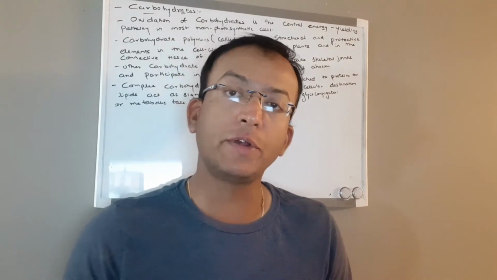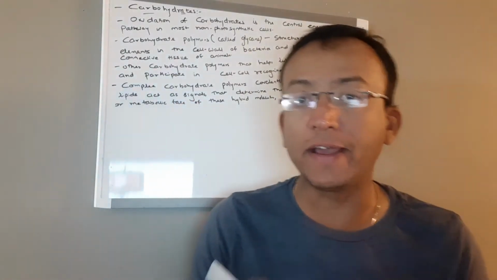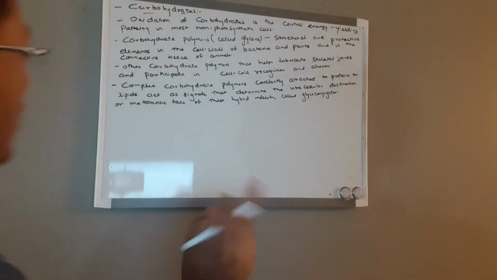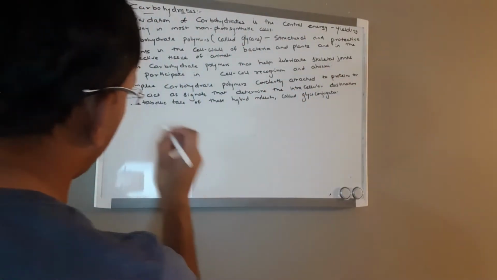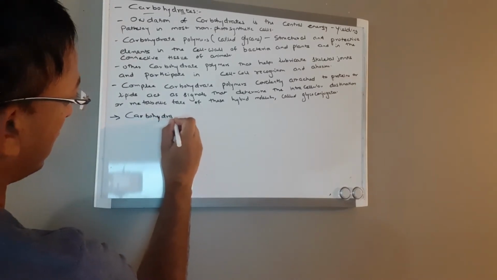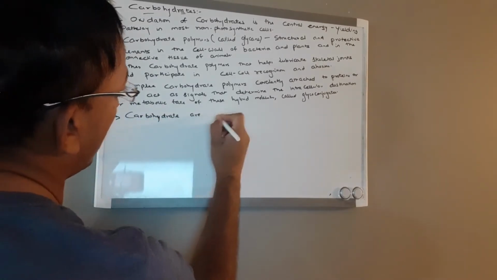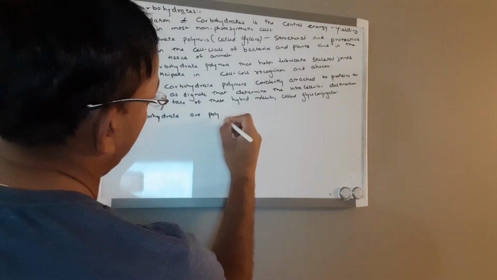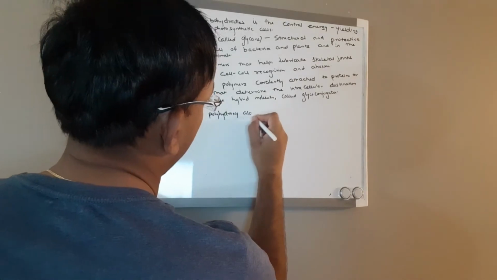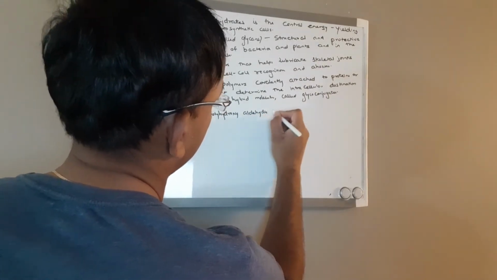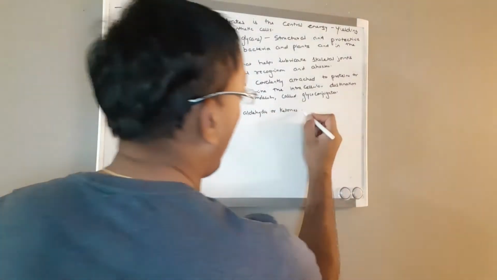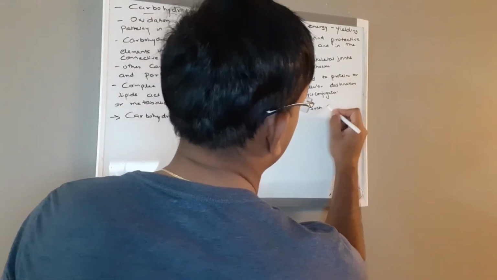Right, so carbohydrates are polyhydroxyaldehydes or ketones, or substances that yield such compounds on hydrolysis. So what are carbohydrates? Carbohydrates are polyhydroxyaldehydes or ketones or such substances.